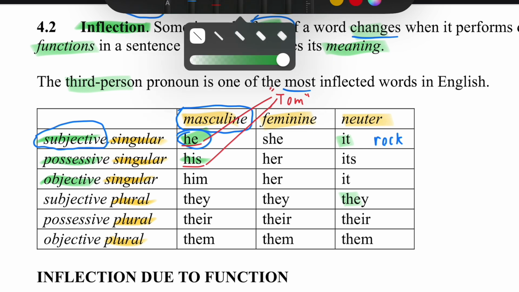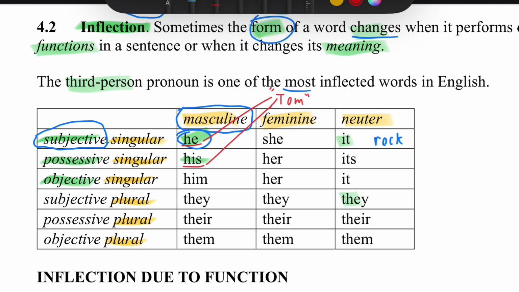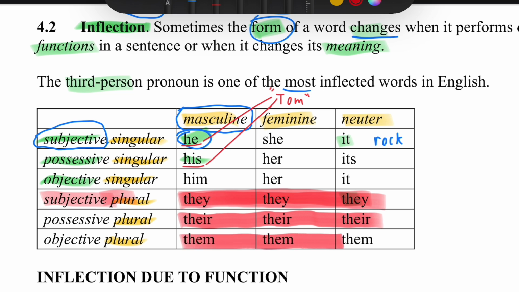Now it's perhaps good to highlight here that there is no difference between the masculine, feminine, and neuter form of the subjective plural. Same for the possessive plural. And then same for the objective plural. Which means it's hard to differentiate between the masculine and the feminine they when those are plural forms.